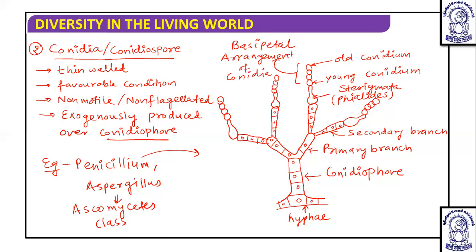And this is found like this in the case of Penicillium. So this is all about another asexual spore, that is conidia. Now, one of the important statements about conidia that we have to mark is that it is the most common type of spore in fungi.